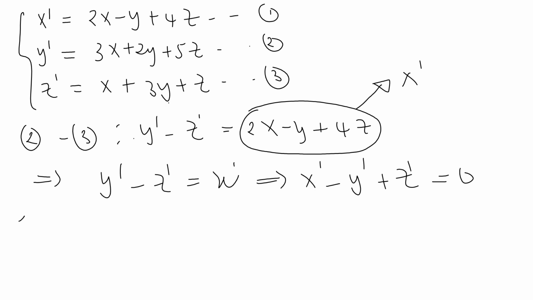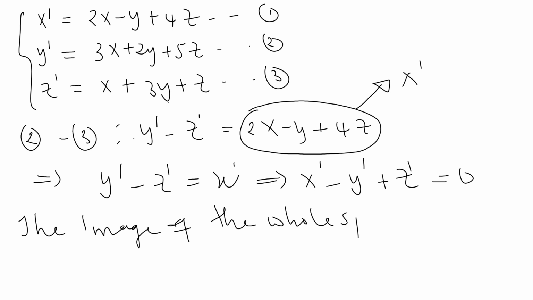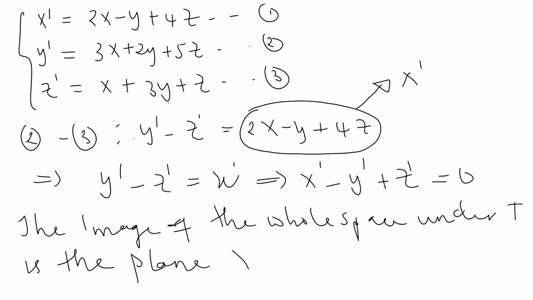So the image of the whole space under the transformation T is the plane x minus y plus z equal to 0. So that is it.